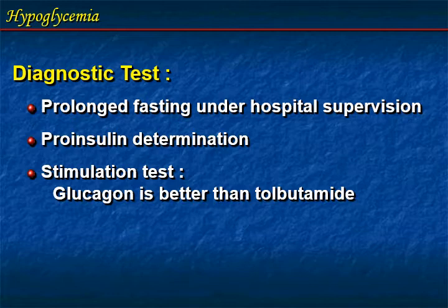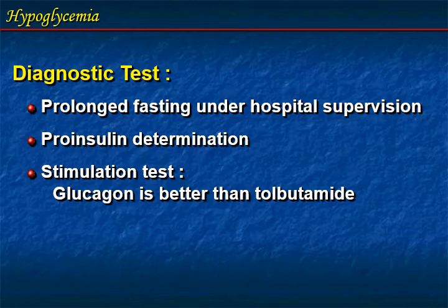Prolonged fasting under hospital supervision, that we keep the patient fasting and we see hypoglycemia, but we should do this in a hospital. That's why, to show that there is excessive or autonomous secretion of insulin without stimulation, because we know that the main stimulation for insulin secretion is either glucose or protein or amino acids. So when you have the patient in the hospital, because not outside, to prevent hypoglycemic crisis to the brain and to the eye.